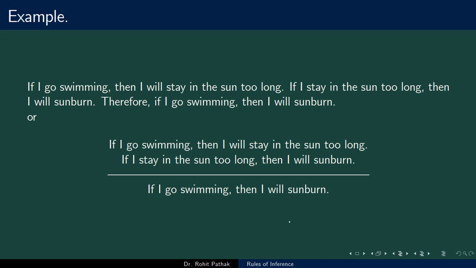Whenever the conclusion follows from the premises, that is, whenever the premises are true, the conclusion is also true, such arguments are called valid arguments. So rules of inference help us to find the validity of an argument.